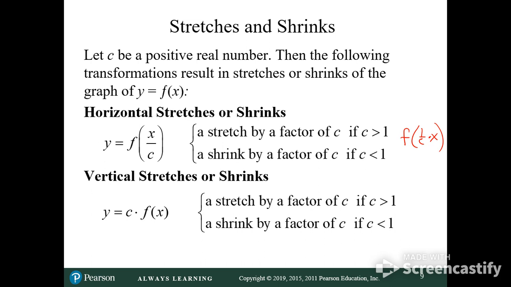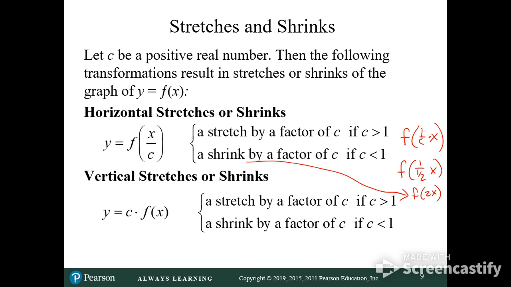And then if c is less than 1, let's say c is 1/2. Well, f of 1 over 1/2 x is really f of 2x. So what that's going to do is actually shrink it. This is a shrink. Okay? Even though we have a positive number there, it's going to shrink it down.